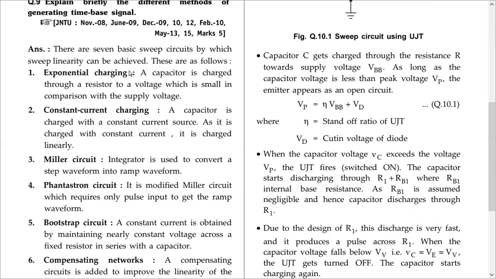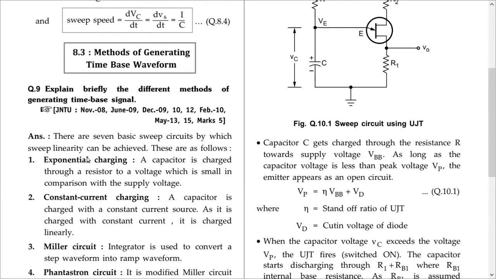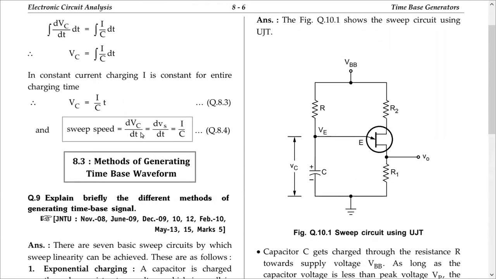Then, the trick we just discussed is constant current charging, so there will be linear charging of the capacitor, and the voltage we get will be a straight line with respect to time.